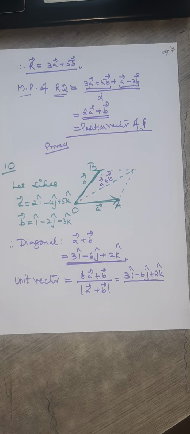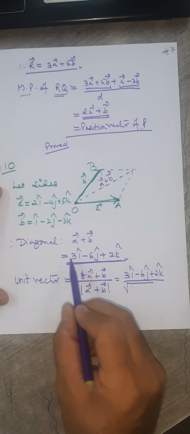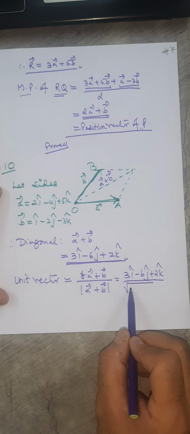What is its magnitude? Root of 9 plus 36 plus 4, so this is 49, so it will be just 7. So 3 by 7 i cap minus 6 by 7 j cap plus 2 by 7 k cap. This is the required unit vector parallel to the diagonal.